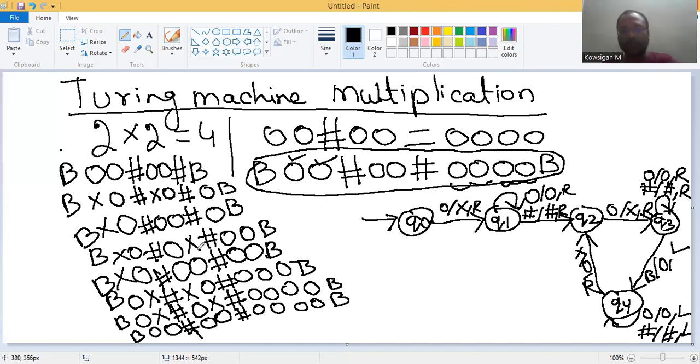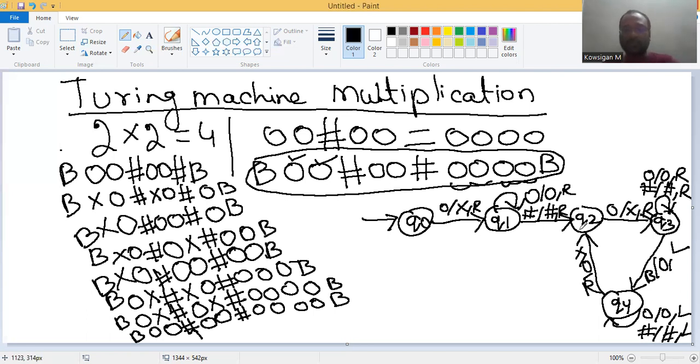After replacing this x as 0, again move to the right hand side. On the right hand side you will have the hash symbol.